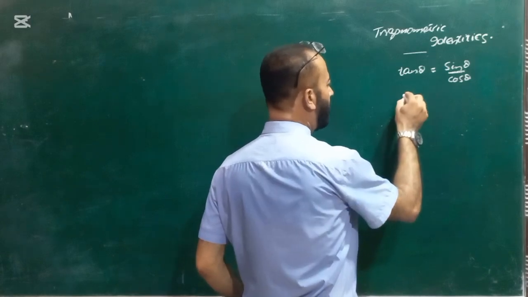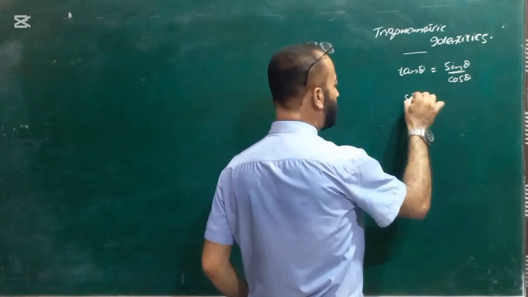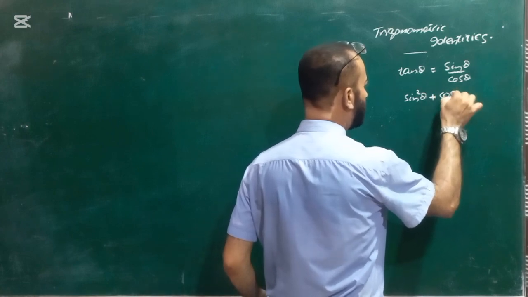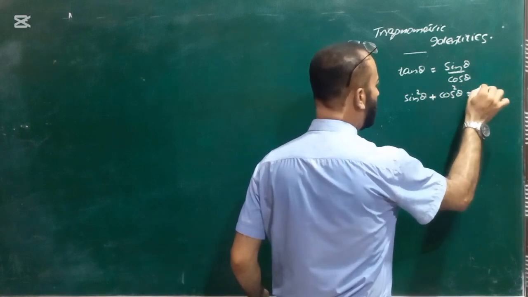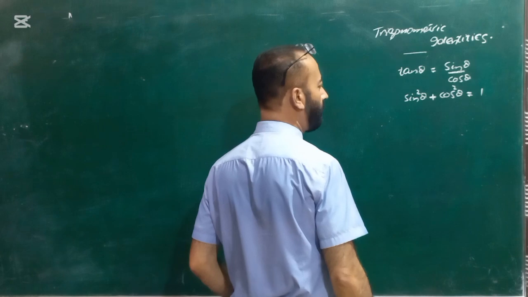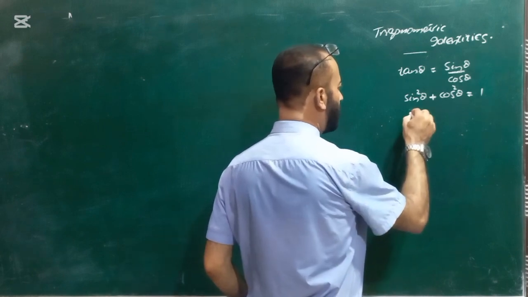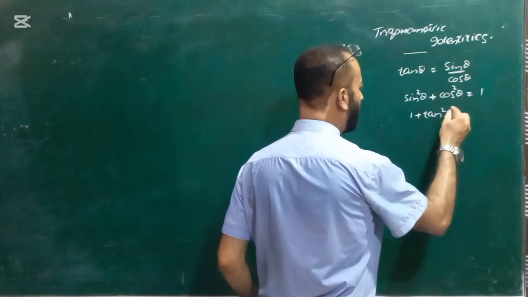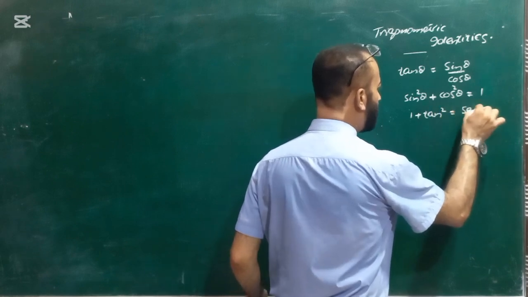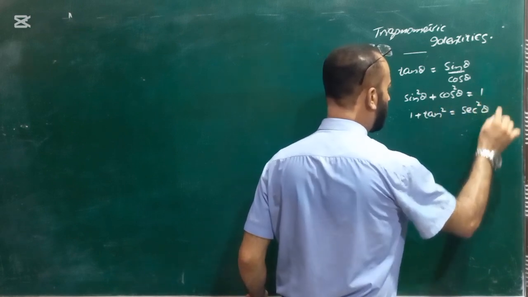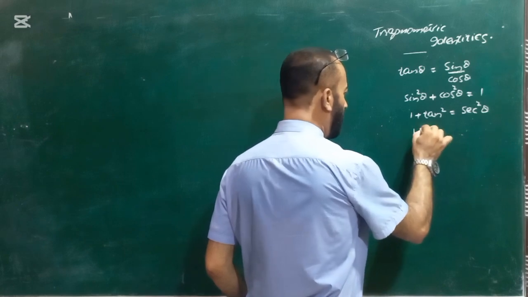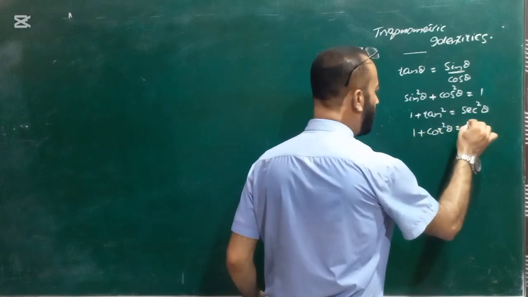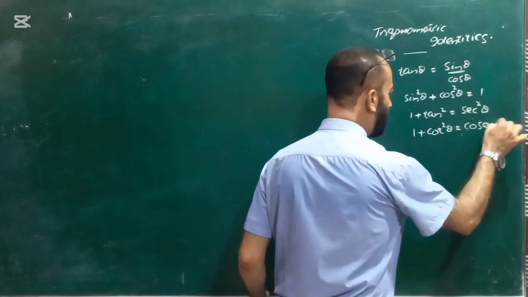Okay, and another formula is sine square theta plus cos square theta is equal to 1, and another formula is 1 plus tan square theta is equal to secant square theta, and another formula is 1 plus cot square theta is equal to cosecant square theta.